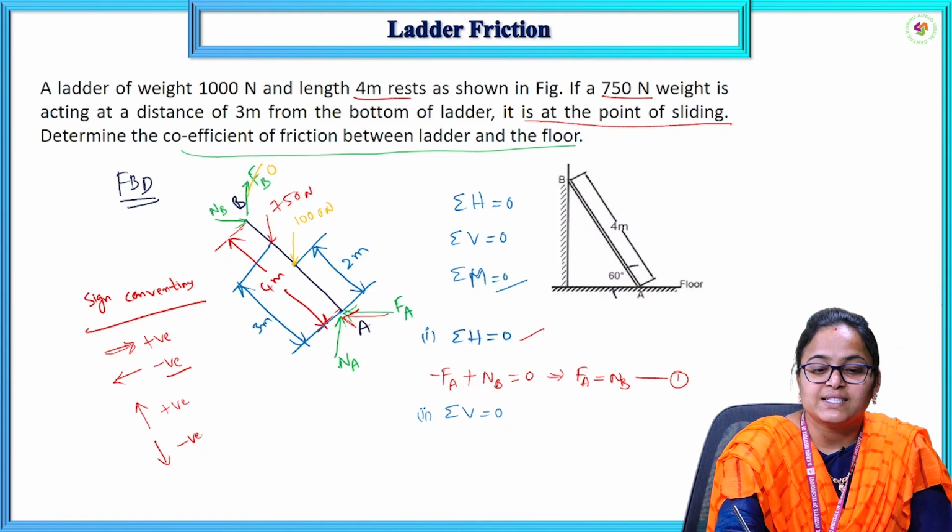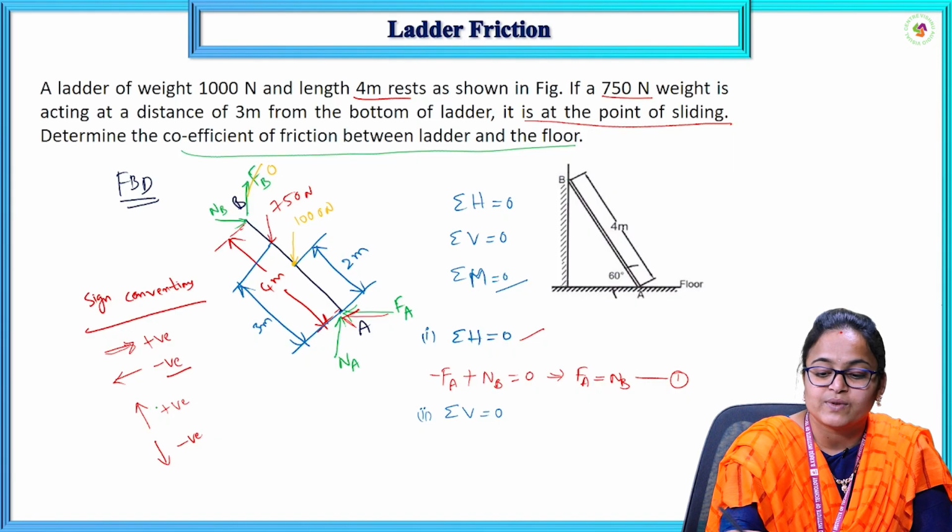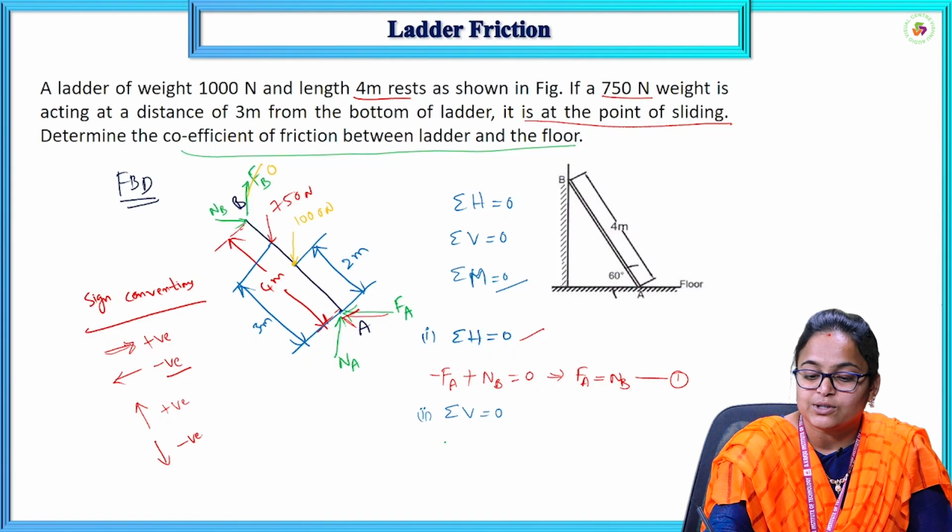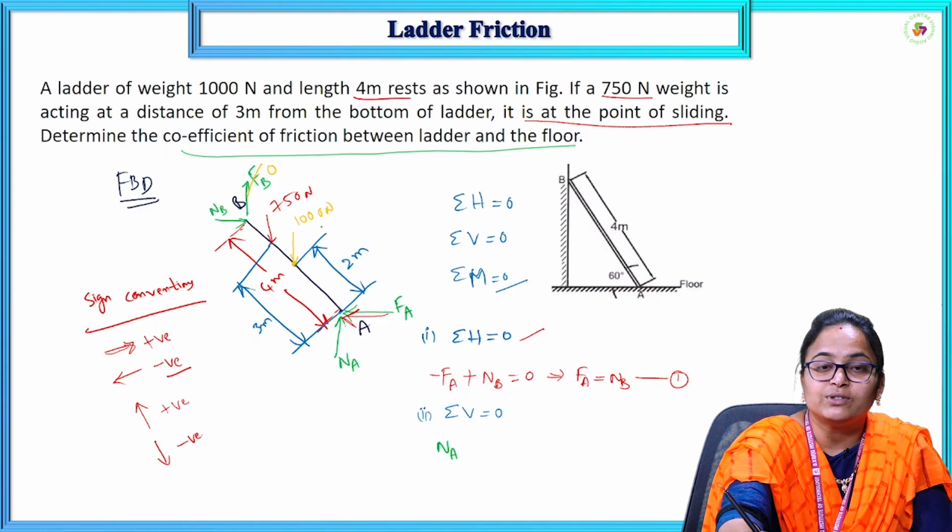Now, NA is acting in the upward direction. Upward force we consider as positive, that is NA is positive. Next we have the 1000 newton force, which is acting downward.